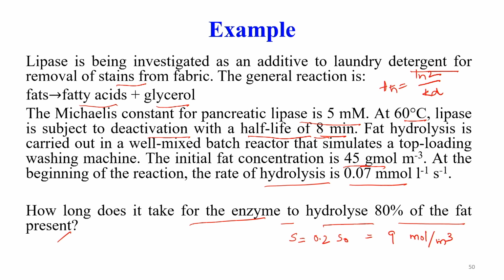Now, this example we can solve in two ways. In one case, we consider there is enzyme deactivation, in the other case there is no deactivation. First, let us note down the given parameters. Km is 5 millimole, this will become 5 mole per meter cube.